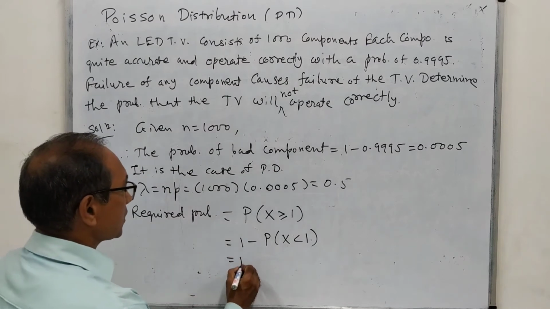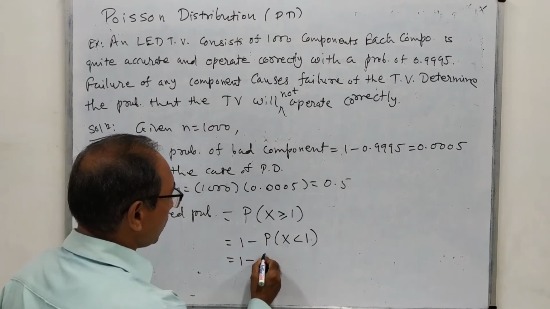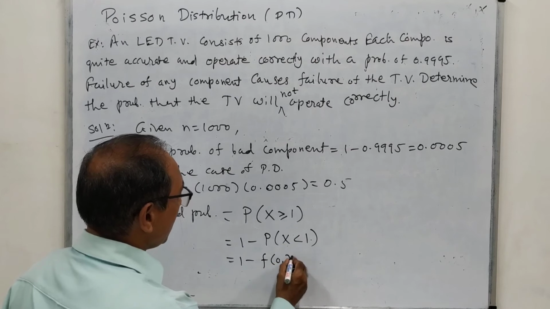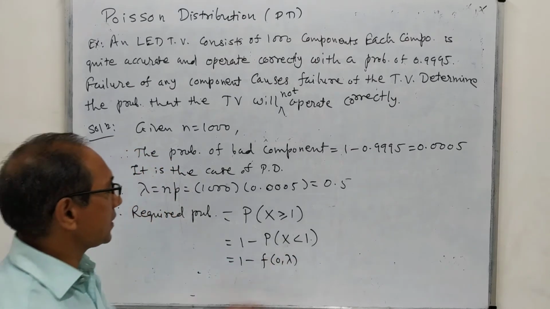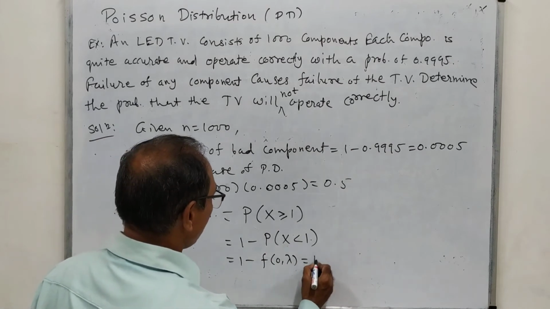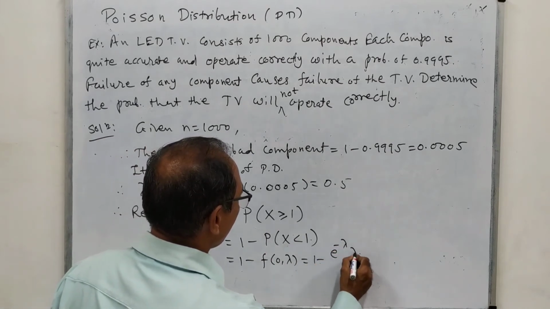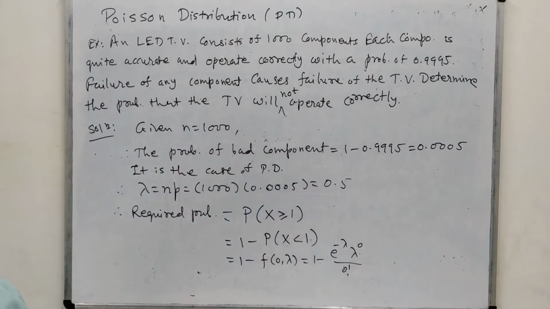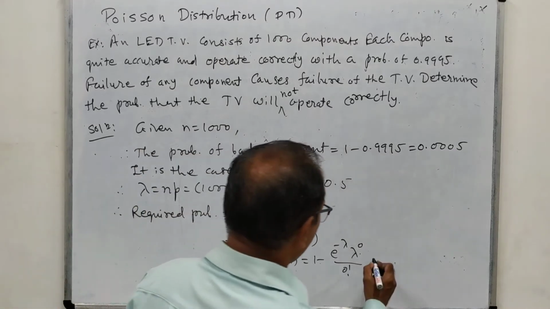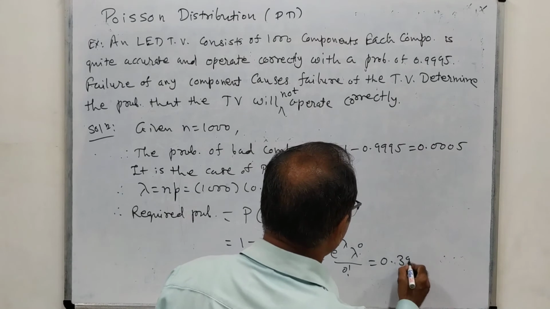So we can use the complement: x less than 1. So 1 minus, this is nothing but we are starting from 0. Less than 1 is f of 0 lambda. 1 we cannot consider because it is strictly less than 1, not less than or equal to. So 1 minus e raised to minus lambda into lambda raised to 0 upon 0 factorial, with lambda equal to 0.5. After substituting this value you can find the probability 0.3935.